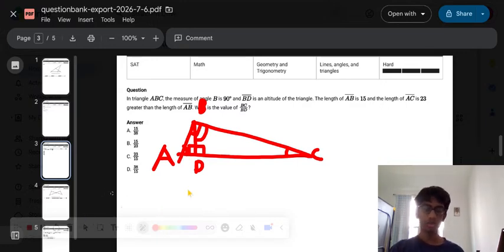The reason is that if you have two angles that are the same, the three angles have to add up to 180 degrees. So if you have 90 plus C plus X, 90 and C are the same, so X has to be the same in order for it to add up to 180 degrees. That means A and CBD are the same in measure.